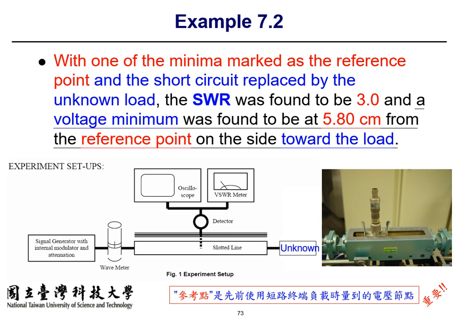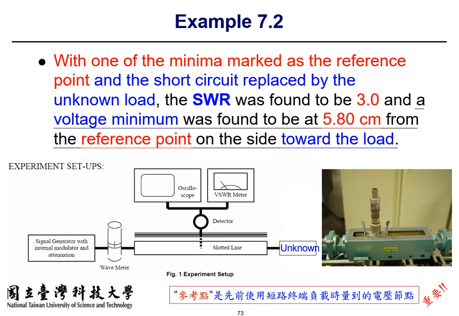Once you attach the short on the right, you move your probe to a few locations and check the oscilloscope to see if you can find a zero voltage location, and that will be your new reference point.